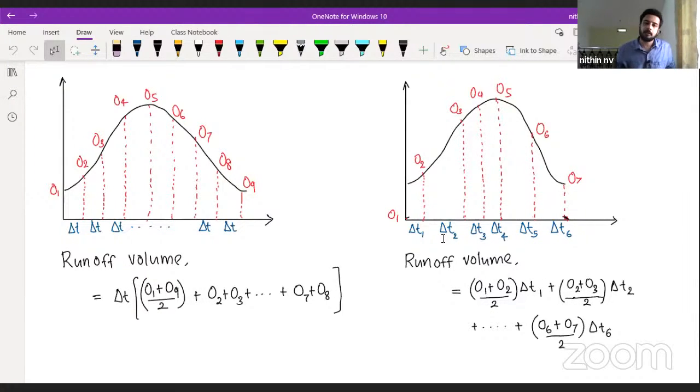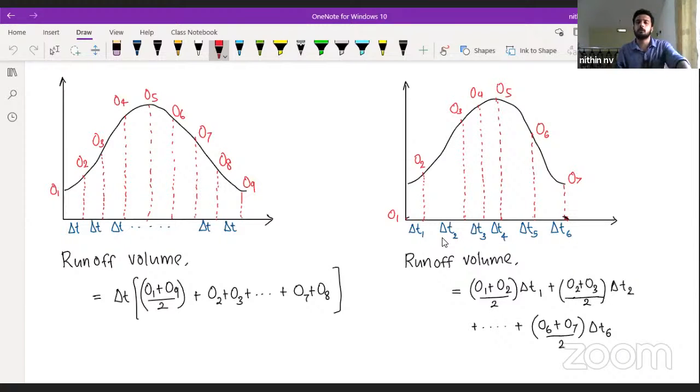Now, whenever they are giving the ordinates, whether it is a unit hydrograph or a direct runoff hydrograph or flood hydrograph, whatever, this is how we are going to calculate the area under the curve. Whenever they are giving an irregular shape, we use the trapezoidal method. If I simply put O1 to O9, just as an example, not for this particular question, this is how we calculate in general.